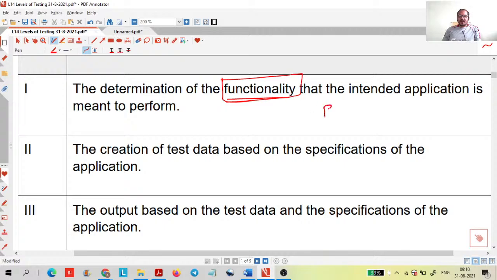For example, in a banking software, what are the functionalities? What are the functionalities of the banking application? Nowadays we give preference first to mobile banking.